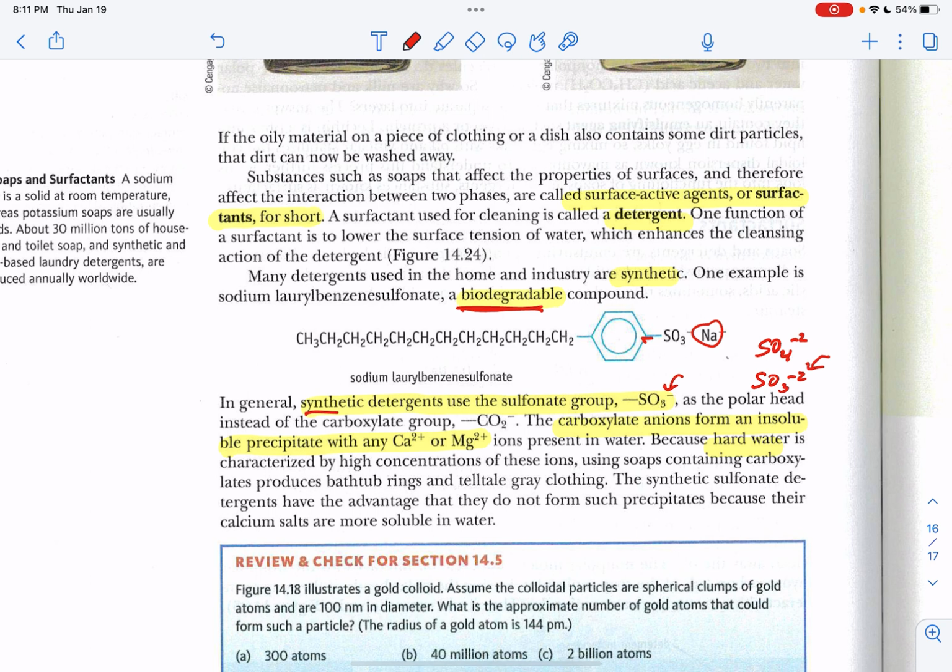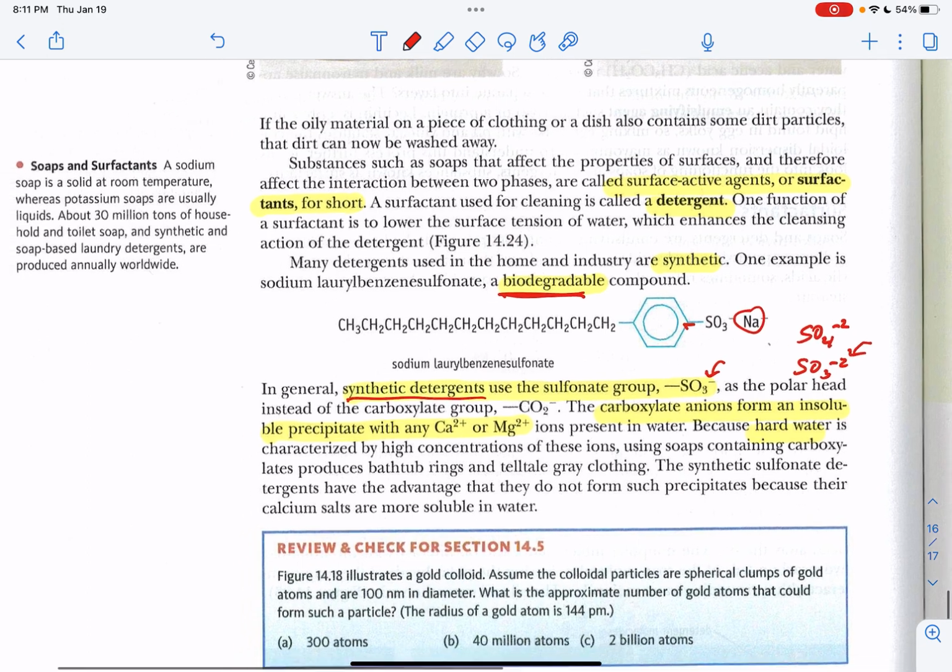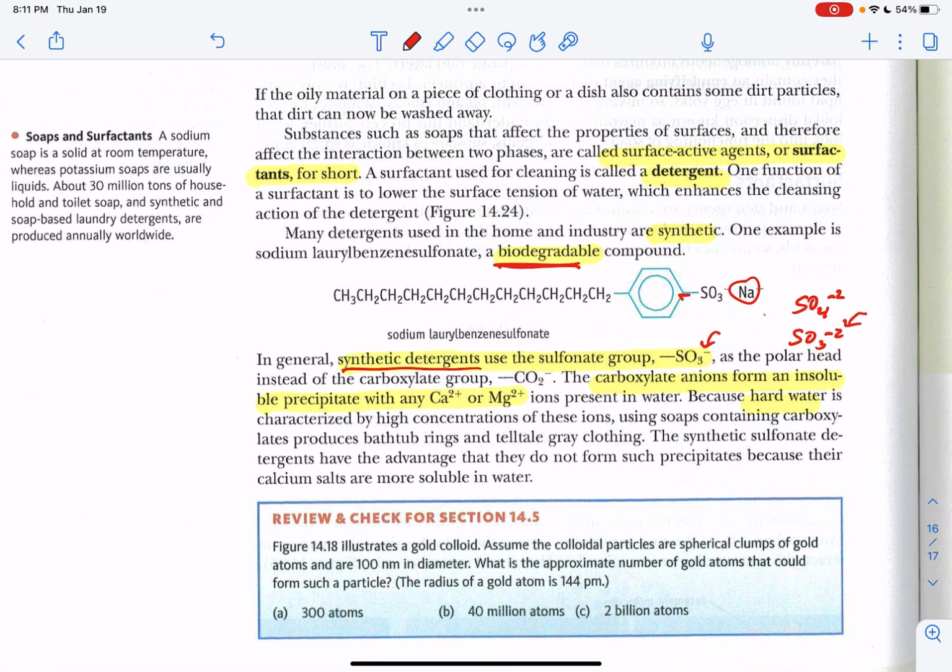So these synthetic detergents are not naturally occurring ones, they're ones we make in the lab. The more naturally occurring ones, it's not like you go out and you dig up soap somewhere, but the old-fashioned types of soaps were actually made from ashes from a fireplace, which would have sodium hydroxide in it, and animal fat and alcohol, and would create a precipitate.